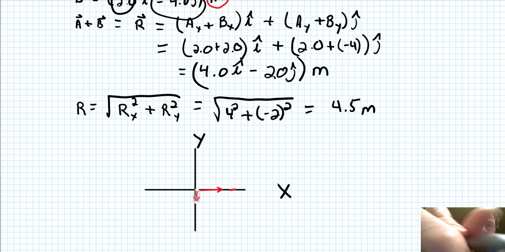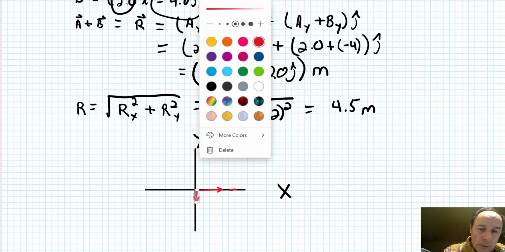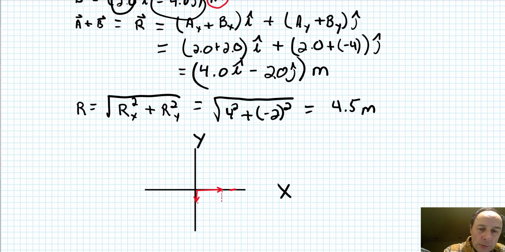All right, so right here, this is our R, and right here is our theta as officially defined.